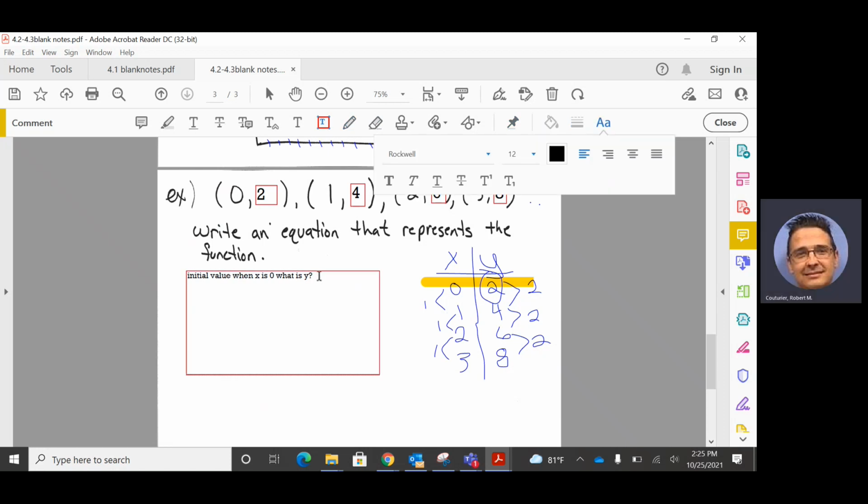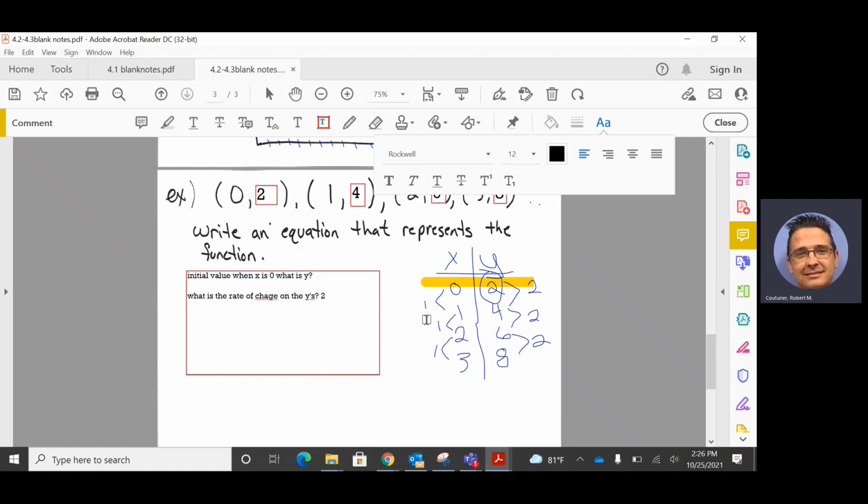Then the other thing we need is to be able to tell what the rate of change on the y's is. Look, whenever x is changing by only 1, and you see y is changing by the same amount each time, that is your rate of change, so to speak.